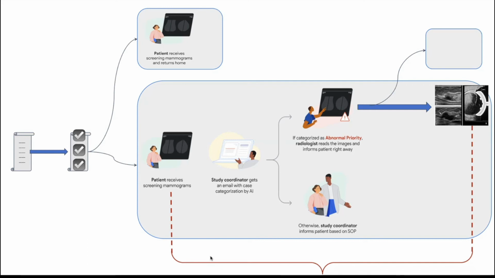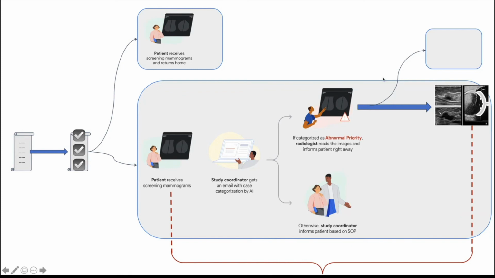So the email goes to the person that's running the study, and basically then if the AI thinks that there's cancer, it gets sent to a radiologist who then also has to look at the scan while the patient has been waiting since they were done with their scan. They're waiting in the waiting room.